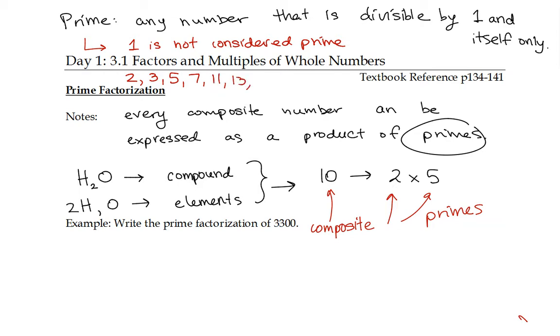Good. 17, good. 19, good. 23, 29. Okay, so that list goes on forever. You could keep finding more and more and more. And it was actually proved long time ago that there's an infinite amount of primes, but that's just the first few to get us going.